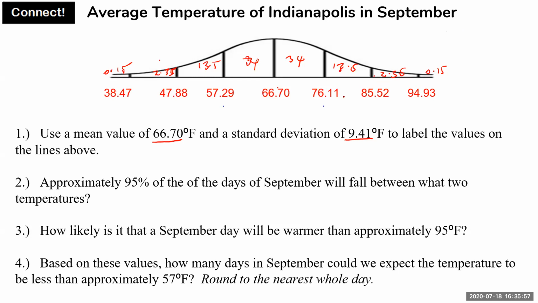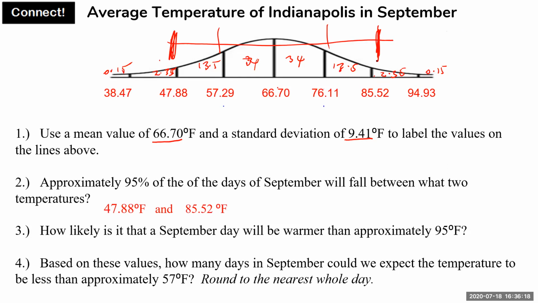So this is the first standard deviation, and that's the second standard deviation, which is 95%. So this is what we want. The 95% values will be 47 and 85.52. So you don't really have to do any calculations after you do this.